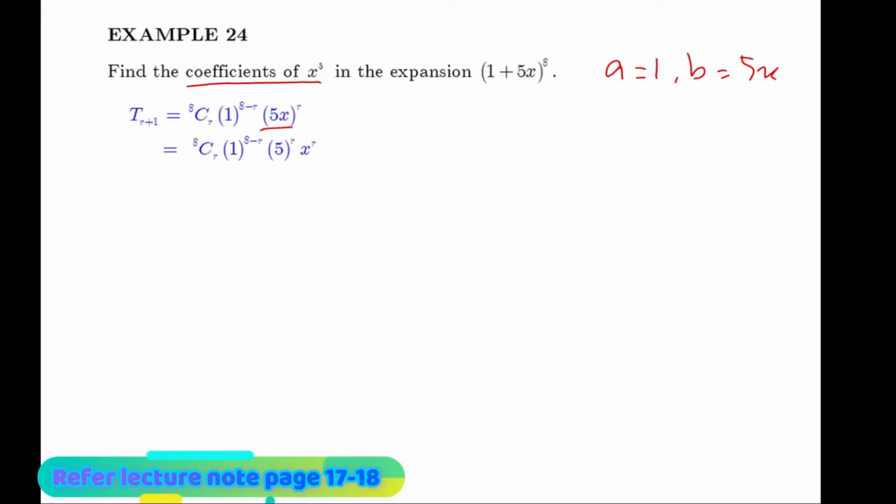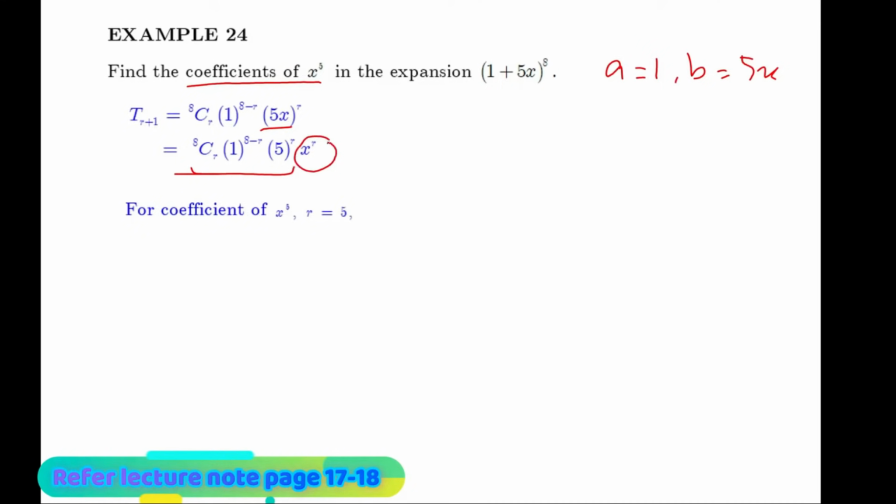So 8Cr times 1 to the power 8 minus r times 5 to the power r times x to the power r, in order to get the coefficient of x to the power r.